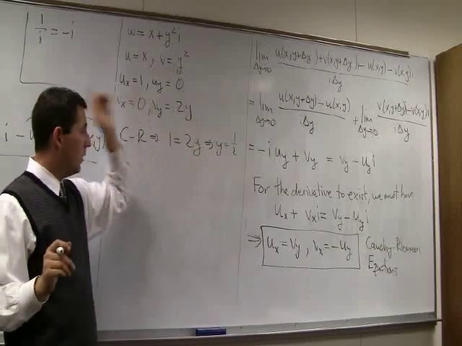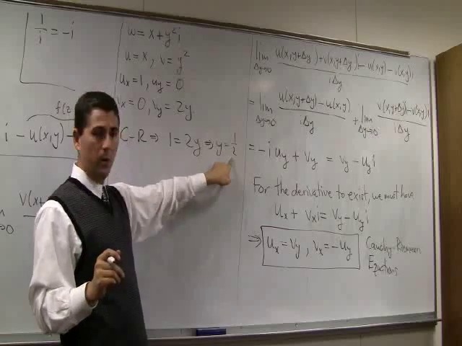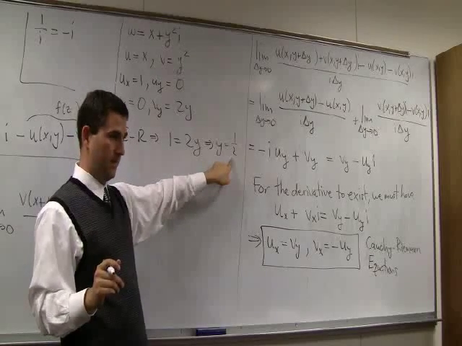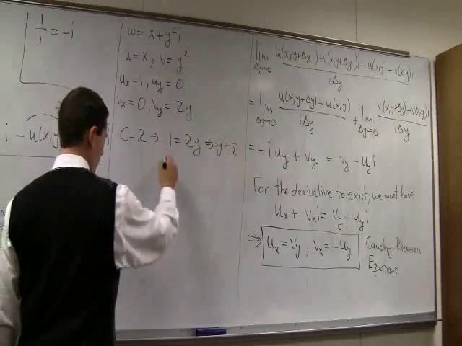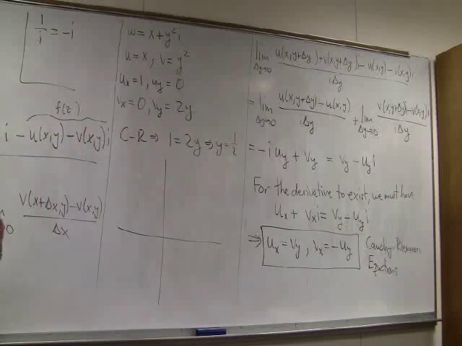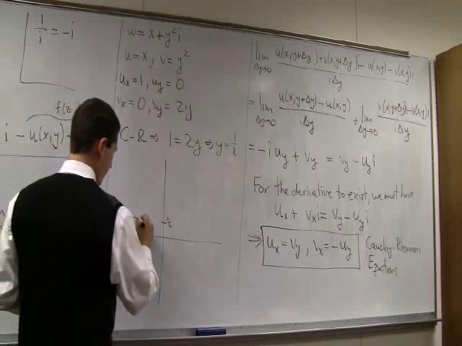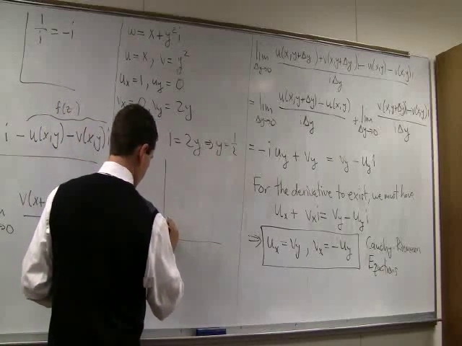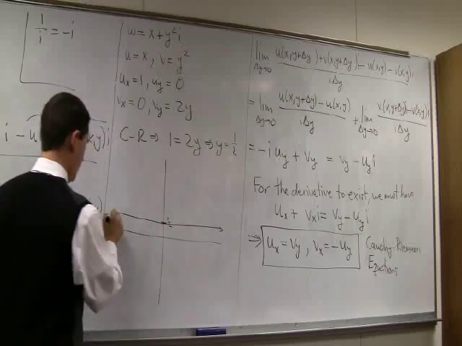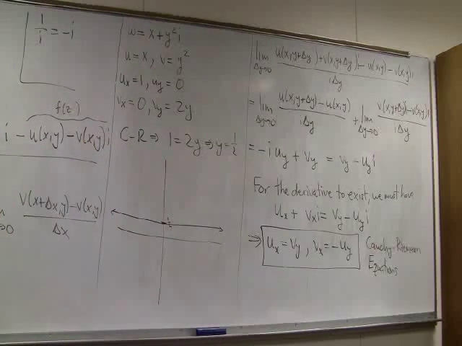So the only way the Cauchy Riemann equations can hold is if you're on the line y equals 1/2. Okay, which, well, what does that mean? Well, the y, that's corresponding to the imaginary part. So you must be on this line. Okay? So, does this say that the function is differentiable on this line?